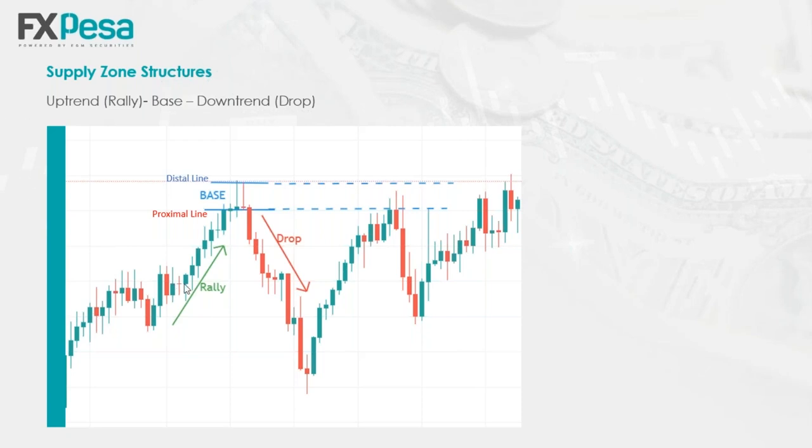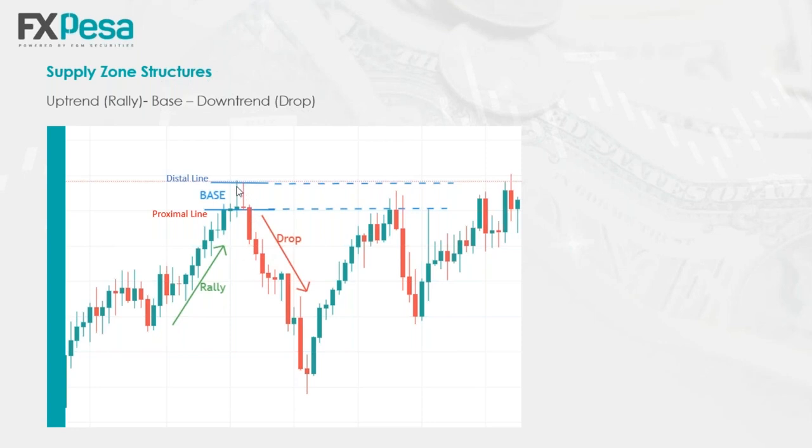In this case, we are dealing with the market making a rally. Initially you can see that the market was moving higher and higher. Then when we got to this particular level, you will notice that we had a very significant burst in price. So these candlesticks are signifying that price was bursting out of this zone.